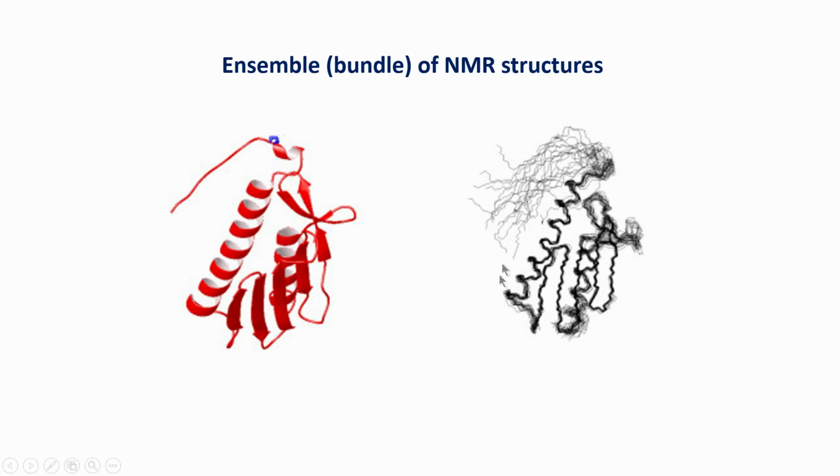So, all of them are equally correct or good, and we put them all together and represent this. The average of this could look like this. You can see they all look the same, so there is no big difference, but I could take an average structure and show it as a representative model. Again, we do not know the correct structure.